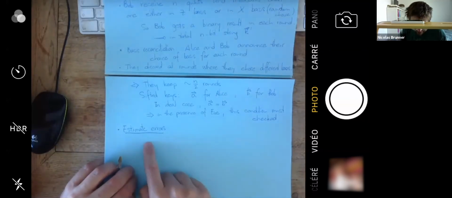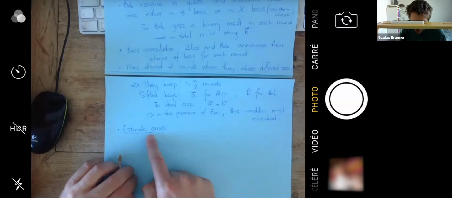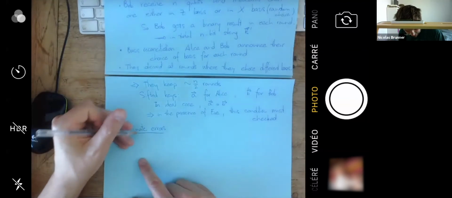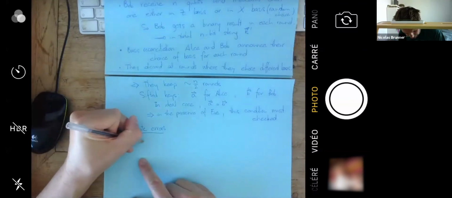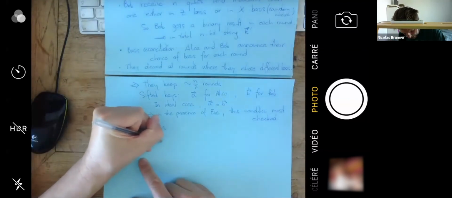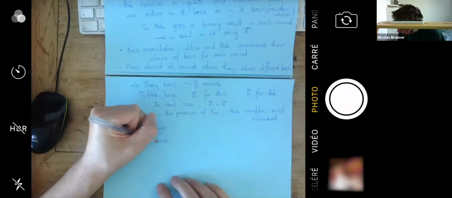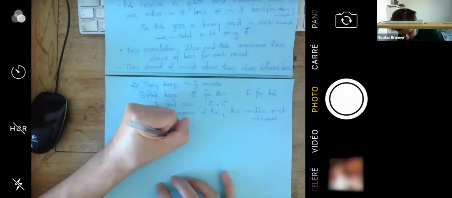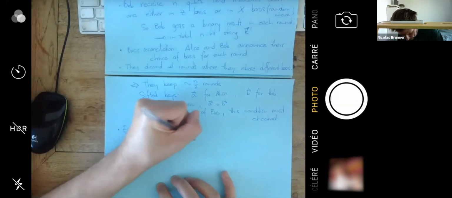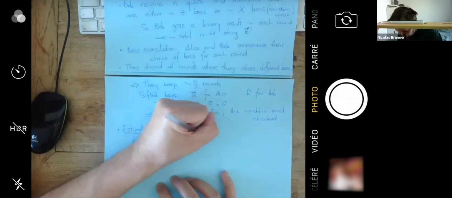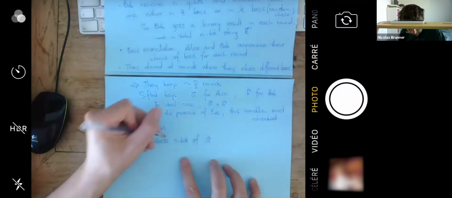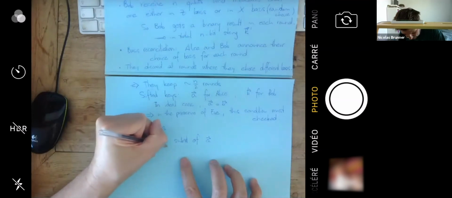So that's why we need to estimate these errors, because the more errors we have, the more knowledge on the key Eve could have. So here is how we do it. Alice will select a subset of A. Typically this will be a small subset.